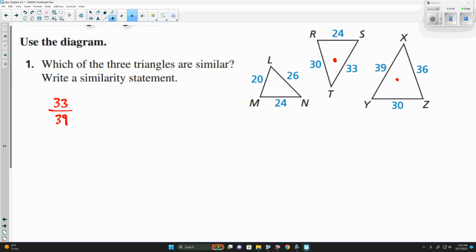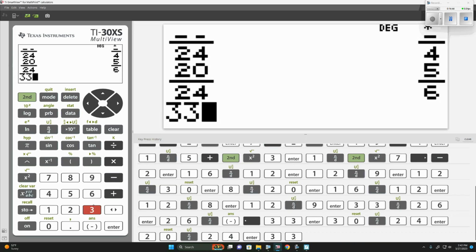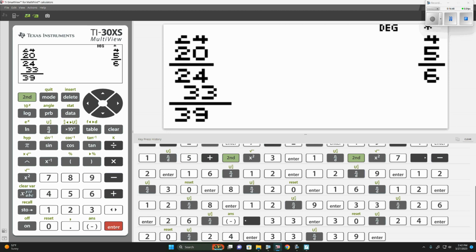Since I put 33 on top, it's biggest. The next one we can say is 30 over 36. And lastly, 24 over 30, yes? 33 over 39. 33 over 39 is 11/13.